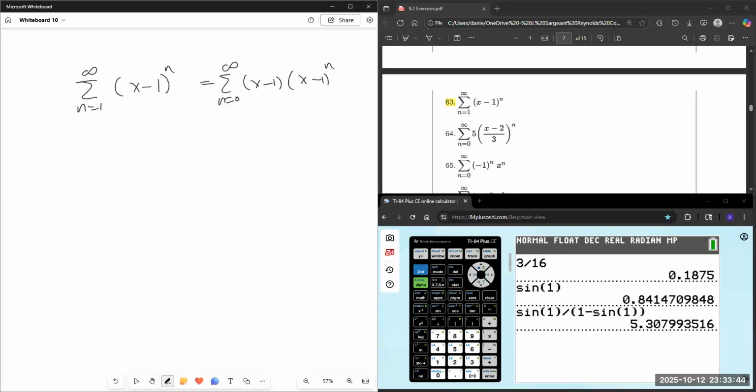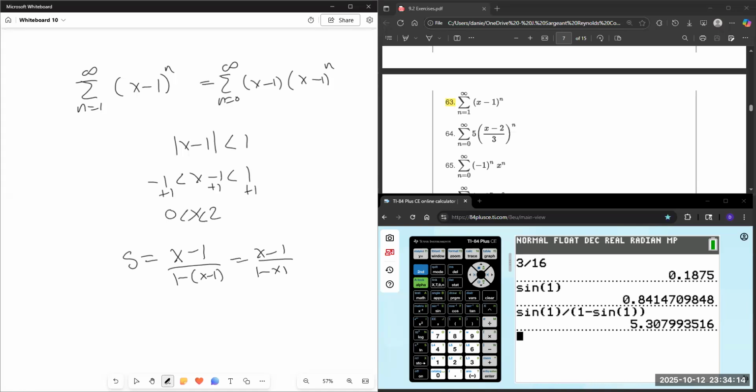And as long as the absolute value of x minus 1 is less than 1, so x minus 1 is between -1 and 1, I'll add 1 to everything. So as long as x is between 0 and 2, then S will be equal to my first term over 1 minus my ratio here, x minus 1 over 1 minus x plus 1, which is x minus 1 over 2 minus x.